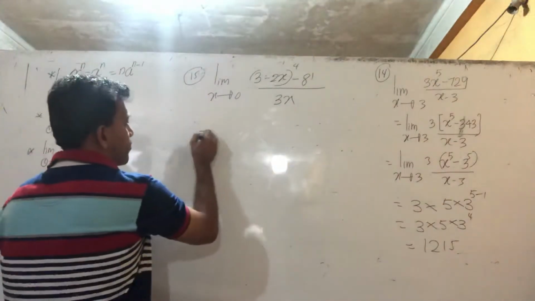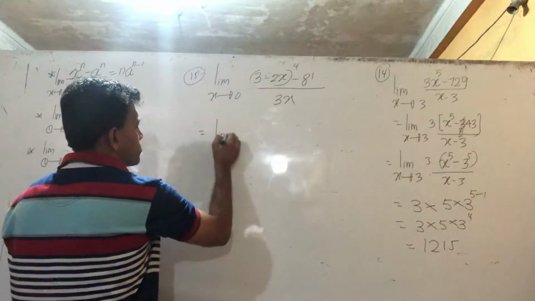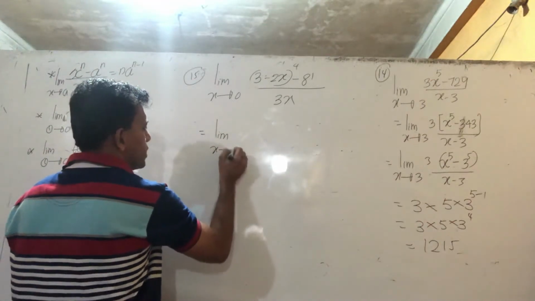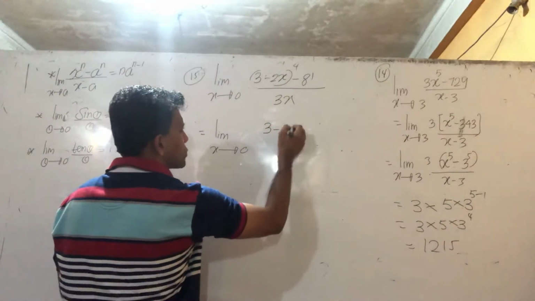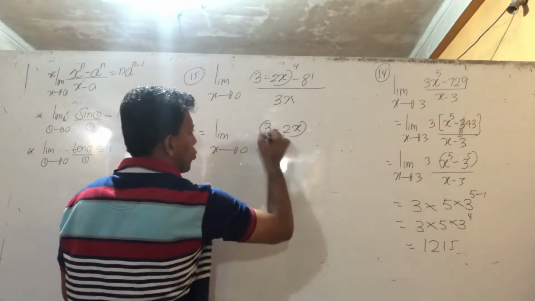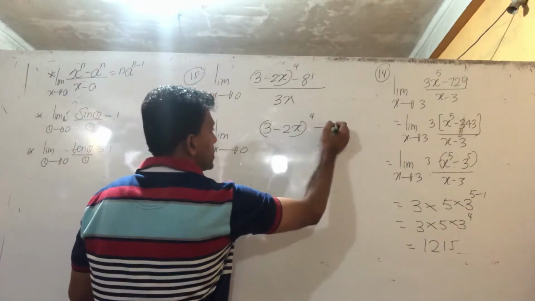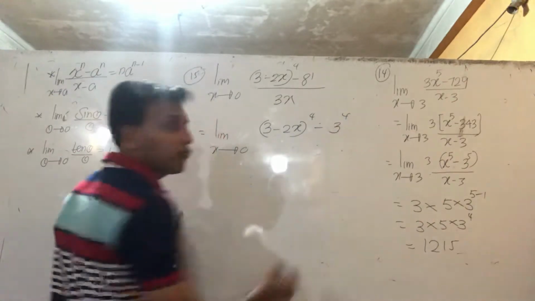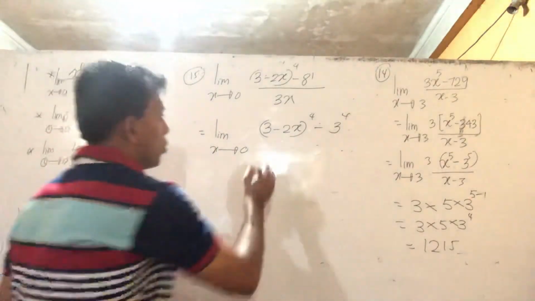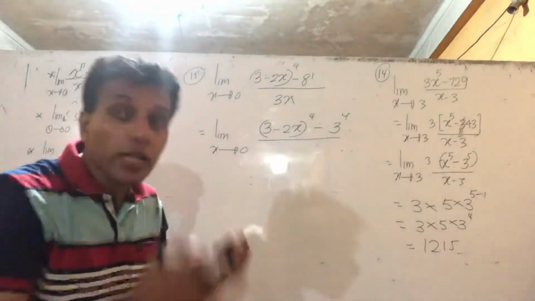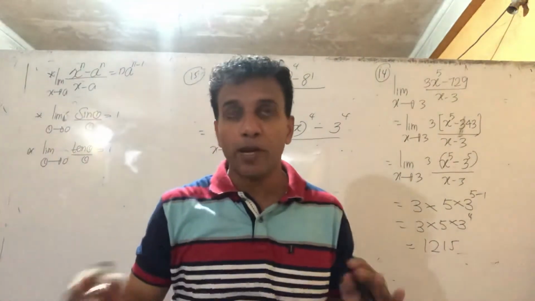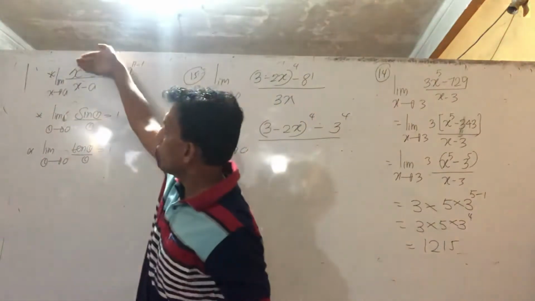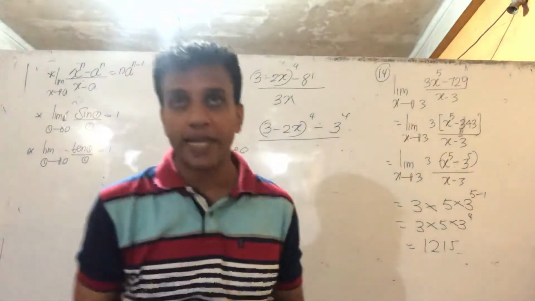So if I write that form, limit x tends to 0, this is 3 minus 2x to the power 4 minus 3 to the power 4, over below, without the power, x to the power n minus a to the power n, the remaining part is the denominator.